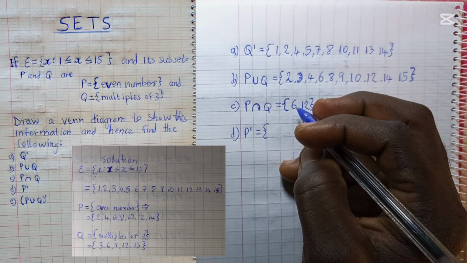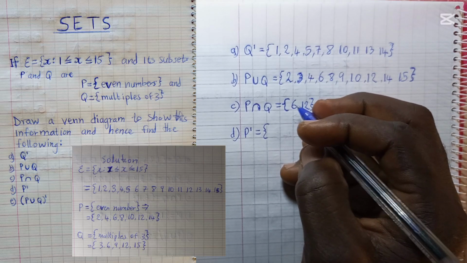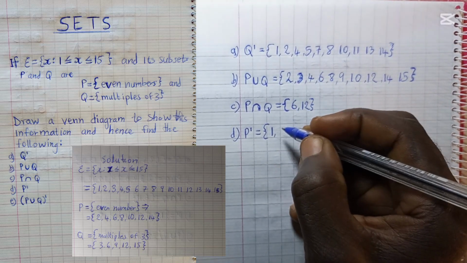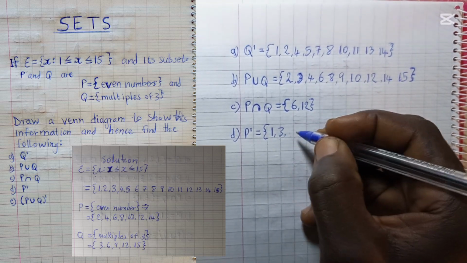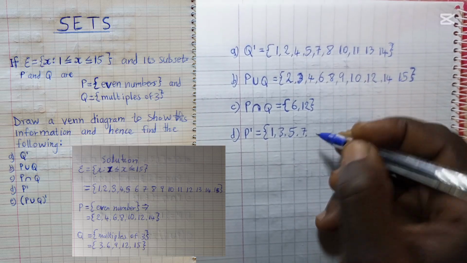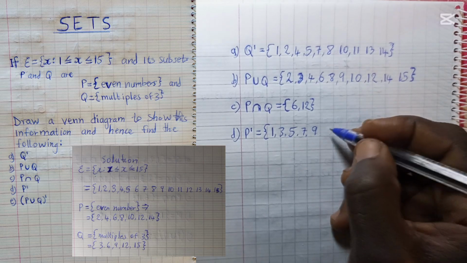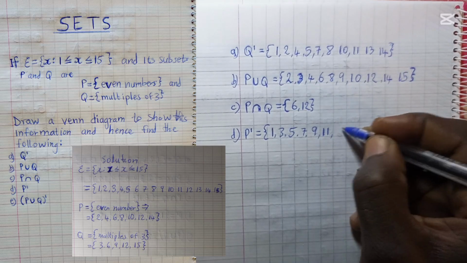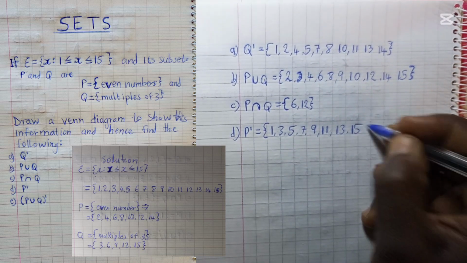The elements in the universal set that are not in set P are, we have 1 is not in P, 3 is not in P, 5 is not in P, 7 is not there, 9 is not there, 11 is not there, 13 is not there, and also 15.